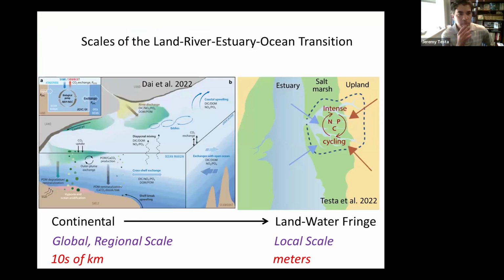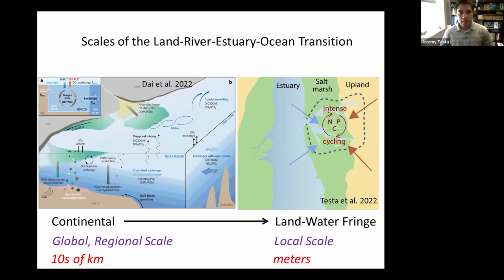Everybody that I've heard talk is talking about these different scales at which we do this kind of science. There have been a lot of really compelling, sophisticated presentations on the left-hand side here, looking at the role of the land, river, estuary, ocean transition at the continental scale, that might be global or regional, thinking on tens of kilometers of timescales.